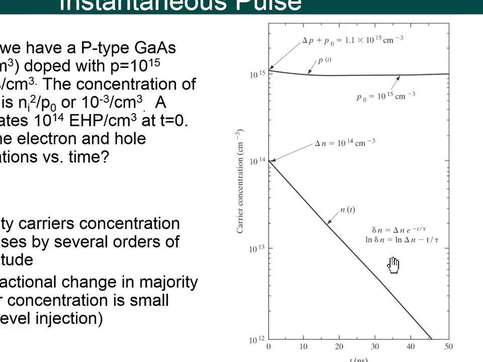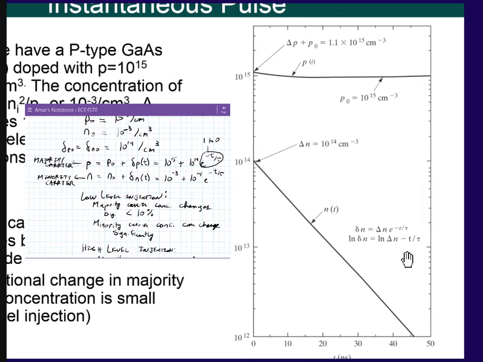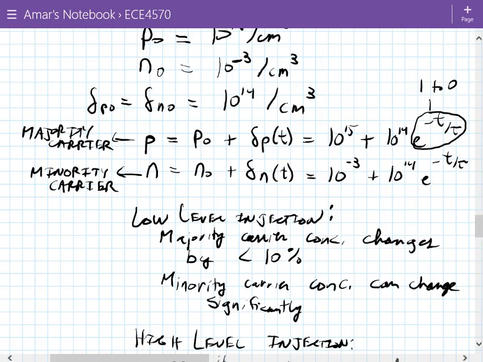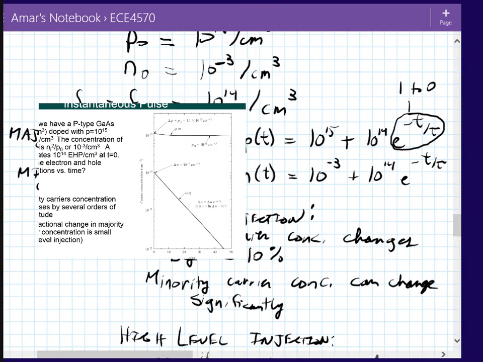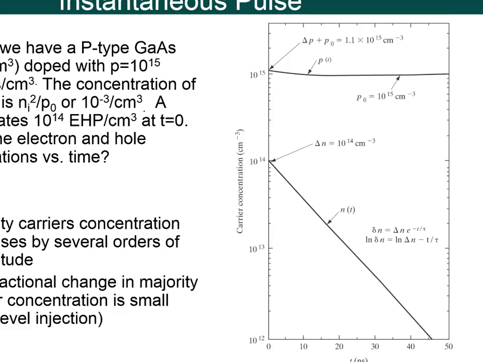So the total electron concentration is approximately 10 to the 14th at time equals 0, because at time equals 0, this is essentially insignificant compared to this term here. So your total electron concentration is really going to be determined by this portion of the equation. And for the majority carriers, this is the significant term. So you can see for the majority carriers, it looks more or less like a flat line. For the minority carriers, it looks like an exponential decay. These are all the excess carriers that were generated.